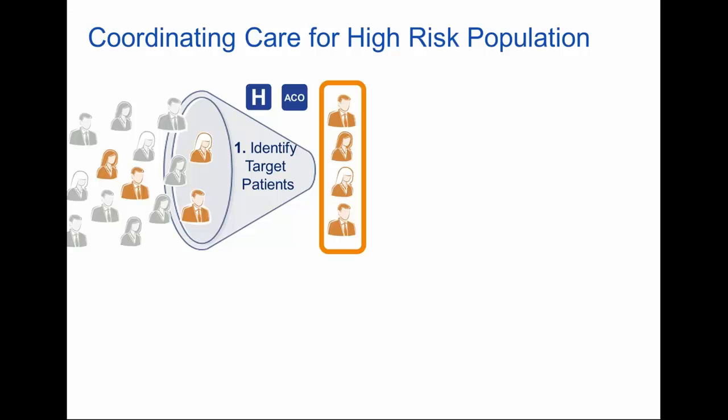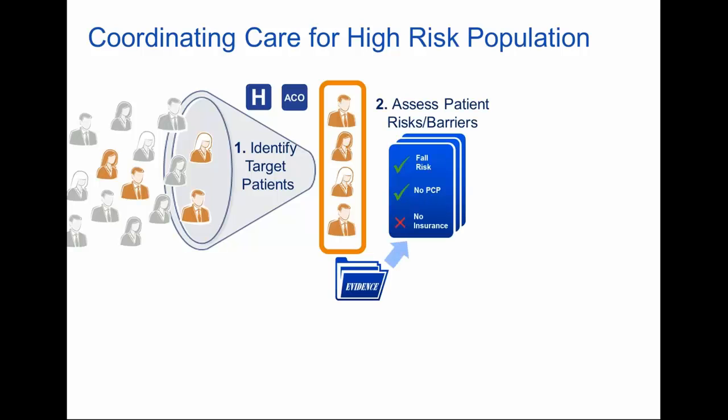So how do we coordinate care for high-risk populations? What we've got here is a simple pictogram that says, at minimum, we need to identify target patient populations. The reality is that there are many individuals out there who receive care. They can be stratified into a variety of different levels.